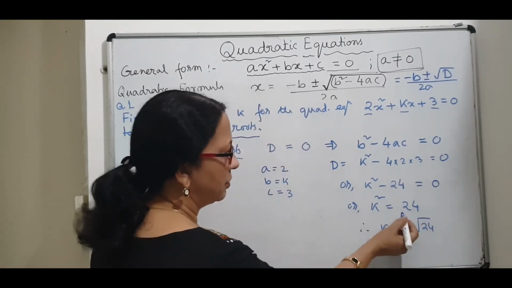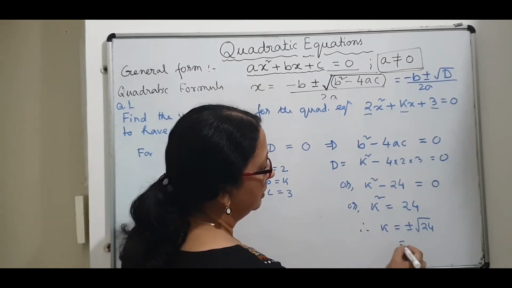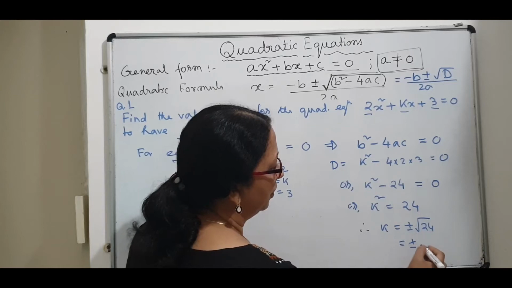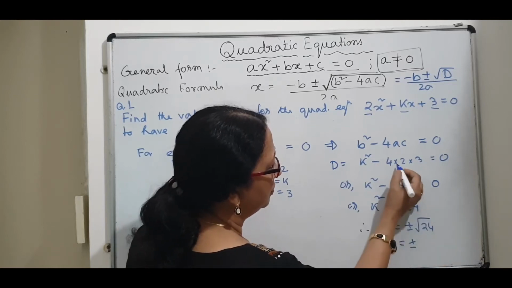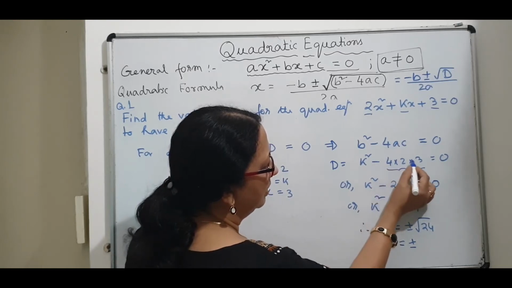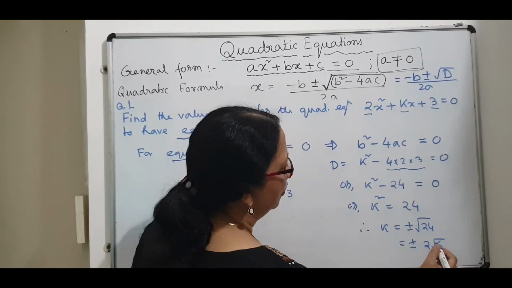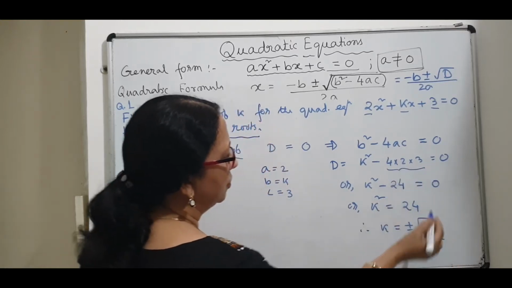Whenever I take a square root, always give the plus minus, it's very important. So plus minus root 24. 4 sixes are 24, so this is 2 square into root 6. So I can write 2 into root 6. This is the answer.